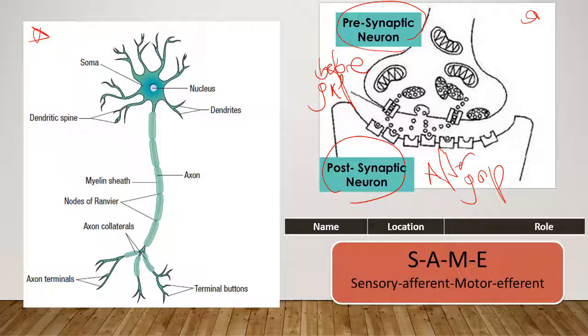So whether it is a dendritic spine or if it's an axon terminal, okay? The other thing that you should know is how information travels from your dendrites to your terminal buttons, okay? That's within the neuron, and that's an electrical message.